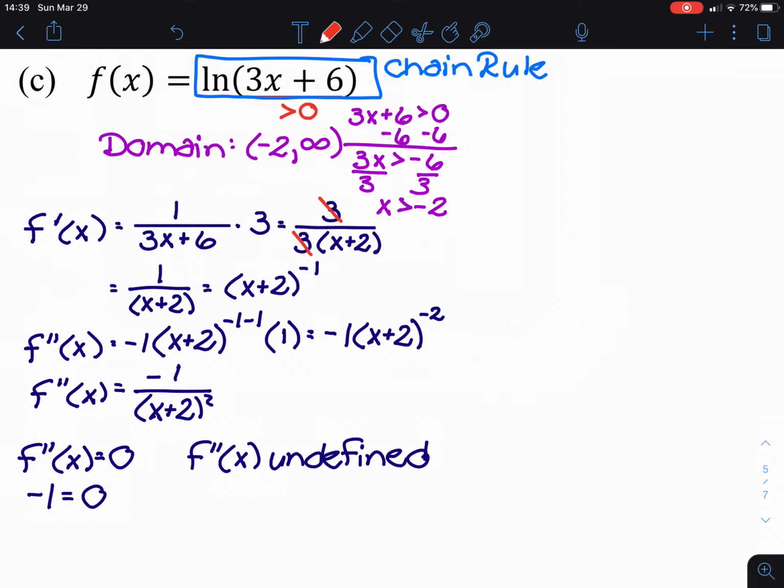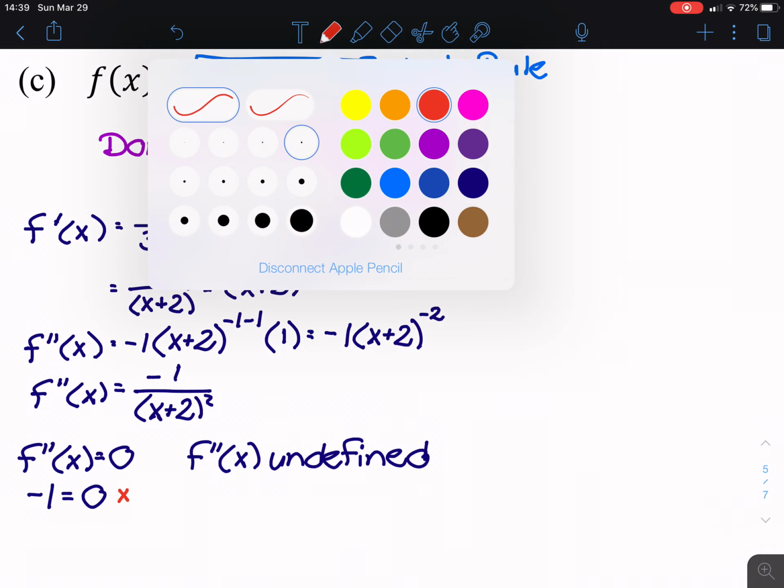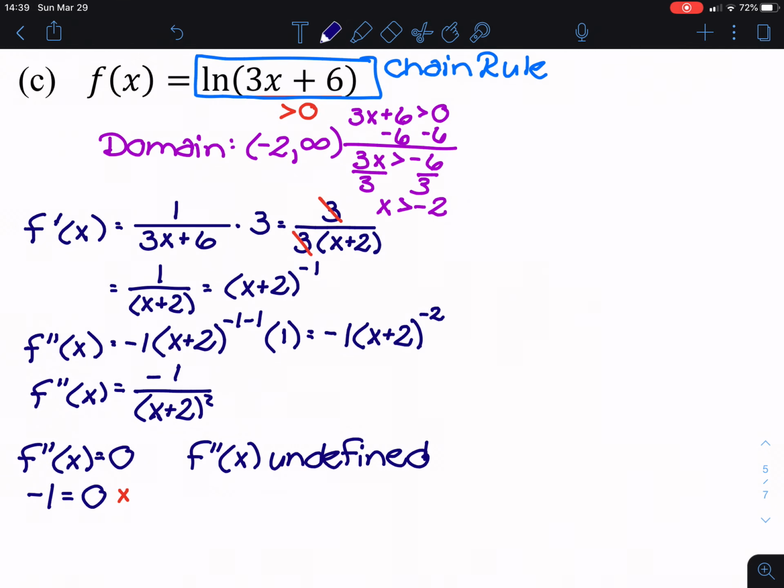And well, yep, -1 is never going to equal 0. So we don't have any situations where our second derivative is equal to 0. Now where our second derivative is undefined, that's going to be where my denominator, x plus 2 squared, is equal to 0. All right, well, that means that x plus 2 is equal to 0, which means that x is equal to -2.